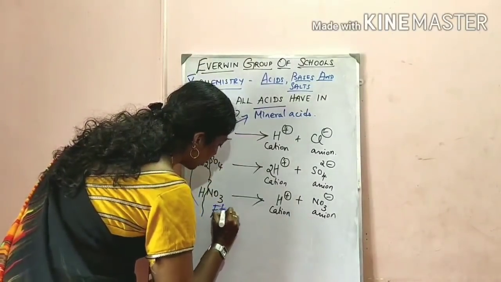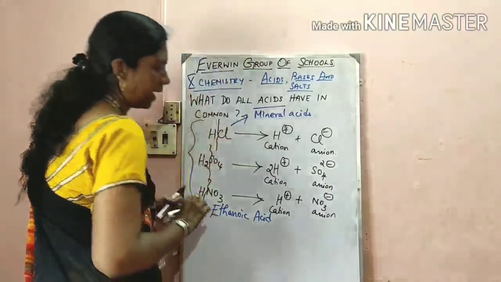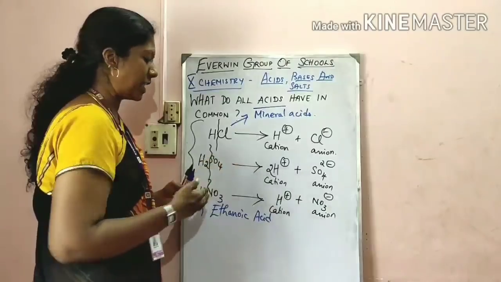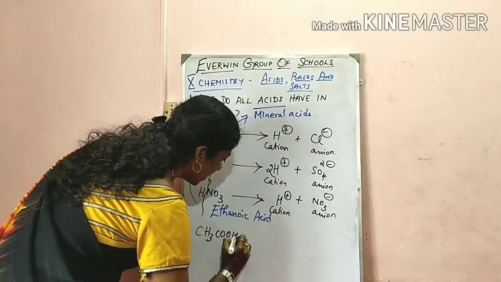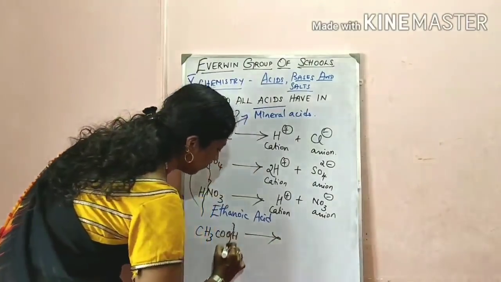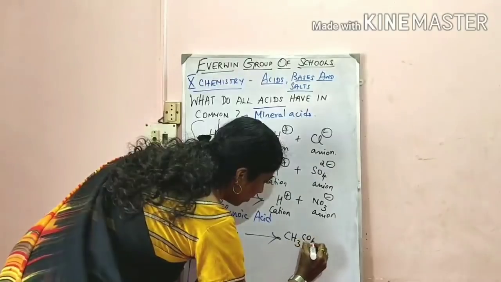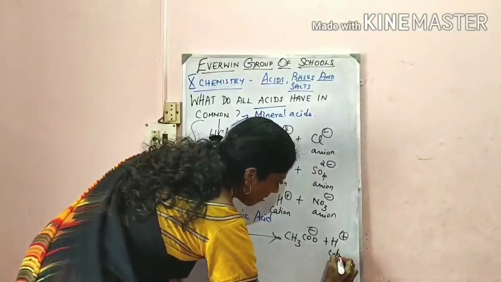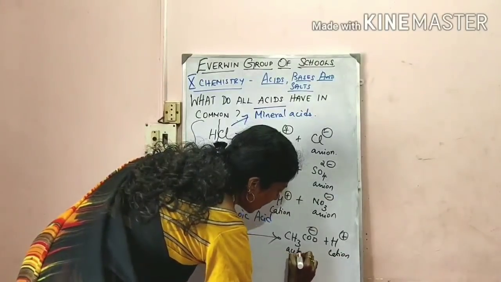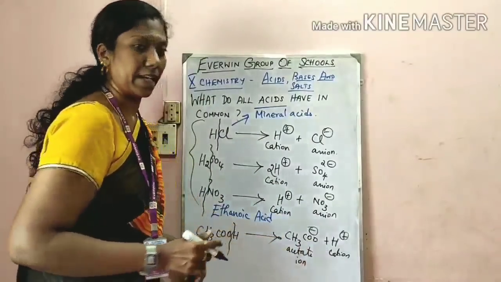Let us take ethanoic acid, which is an organic acid, and organic acids are weak in nature. What happens? Ethanoic acid dissociates and forms an acetate ion, which is an anion, and an H plus cation.